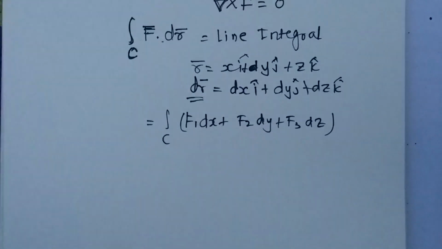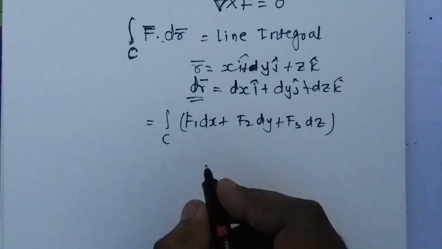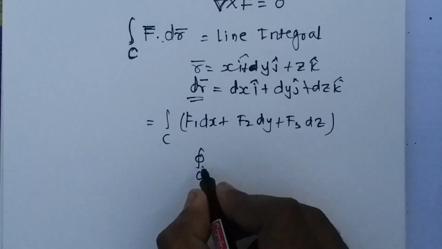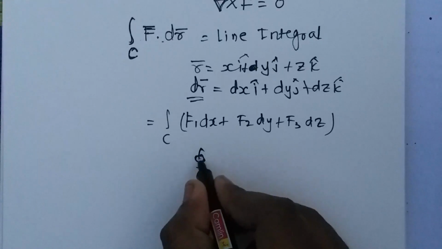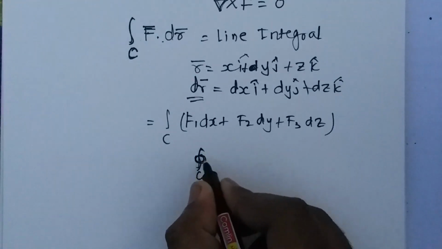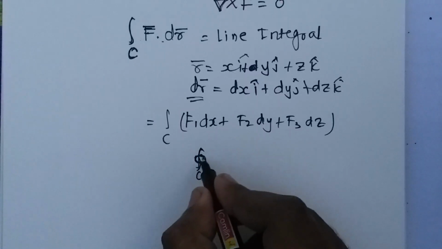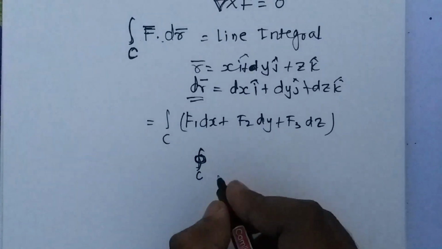Then after that, Green's theorem has this type of line integrals. This circle integral over C, with the circle notation added over that integration, means that C is a closed curve.